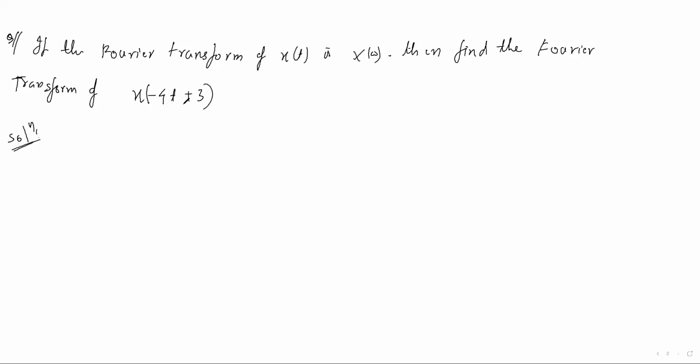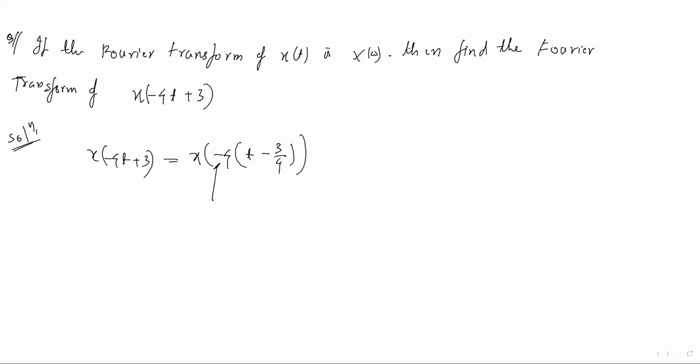So to solve this question, you have to make it in standard form, as I discussed in the operation of signals. Here also you have to make this signal in the standard form. So what will be the standard form? x of minus 4t plus 3, isn't it? You can write it like this: x of minus 4, you take common, then t minus 3 by 4, okay.